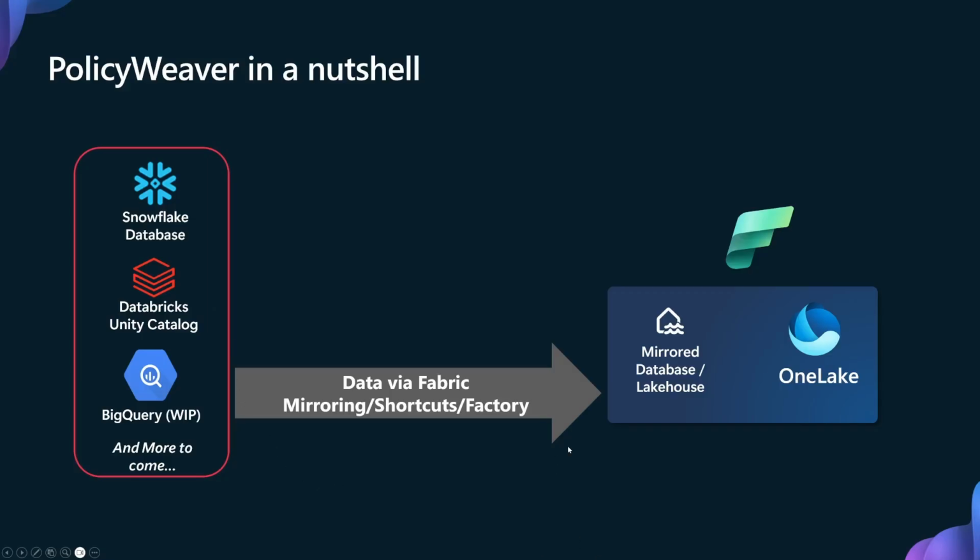What is missing is this piece in the middle, to bring all the permissions over: which groups, which roles, which users have read permissions on specific tables, some column level security which needs to be applied, row level security, all these things. That's not part of the raw data asset here, but it comes on a different stream. And that's basically covered by Policy Weaver to fill this gap.